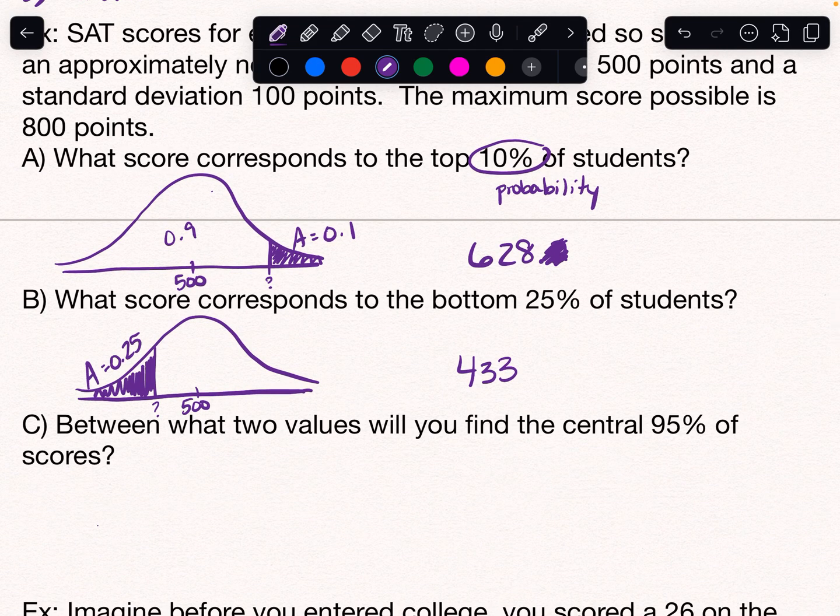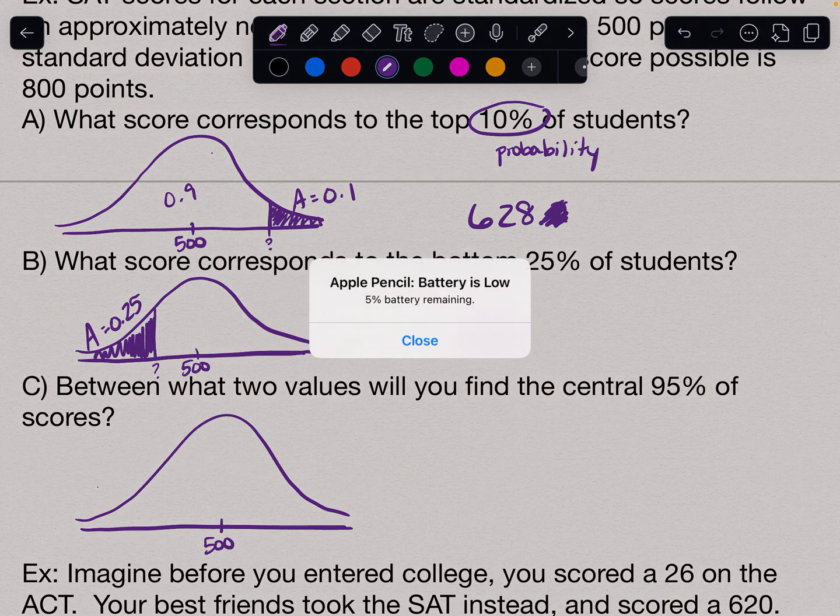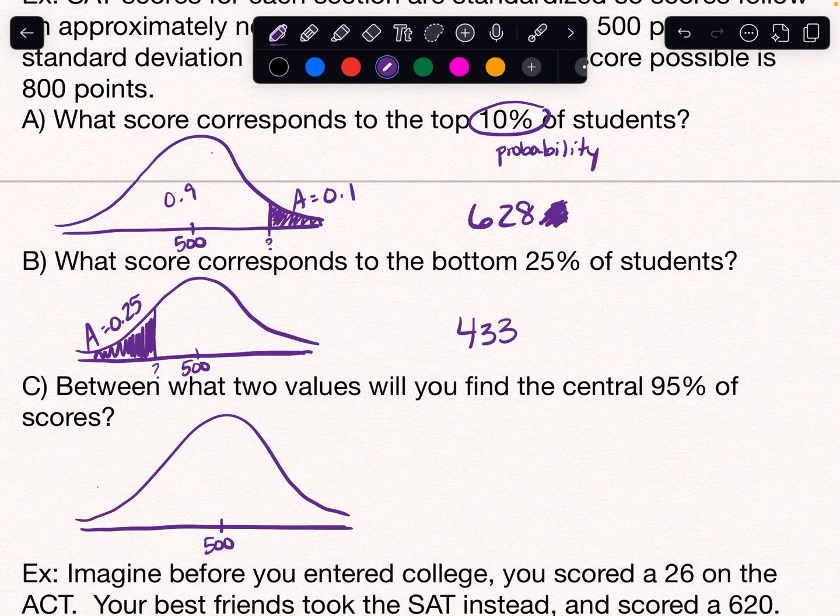Between what two values will you find the central 95% of scores? Same thing, draw my curve here. I have 500 in the middle. This one's a little more confusing, I guess you would say, though it's not terrible. I want the central 95% of scores, so basically everything centered around 500, excluding only the 5% that are the extreme values.